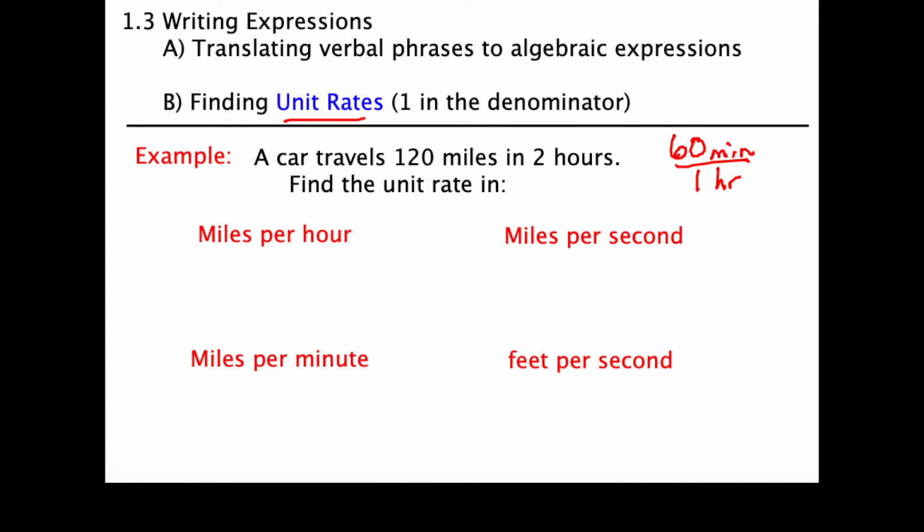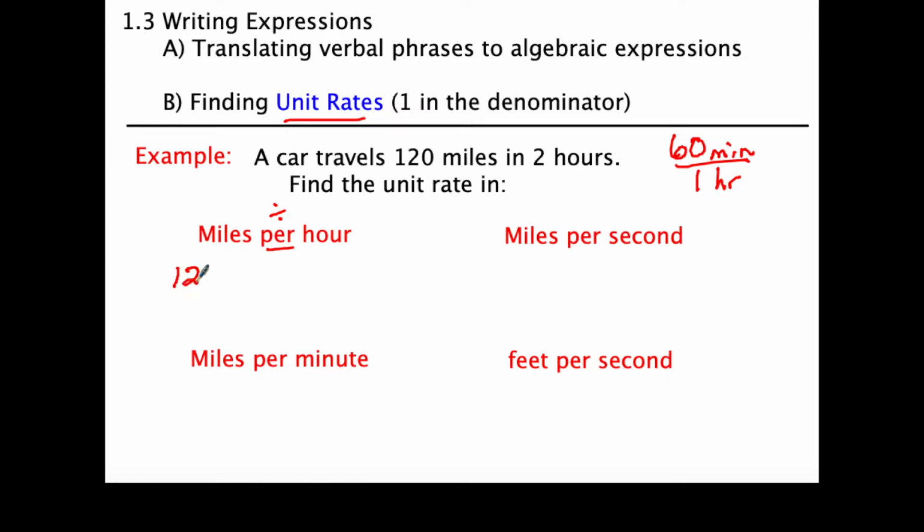So if a car travels 120 miles in 2 hours, find the unit rate in. Well, first of all, the first one just says in miles per hour. So what we want to remember is the word per, again, essentially means division most of the time. We're talking about rates, something per another thing, we're dividing.